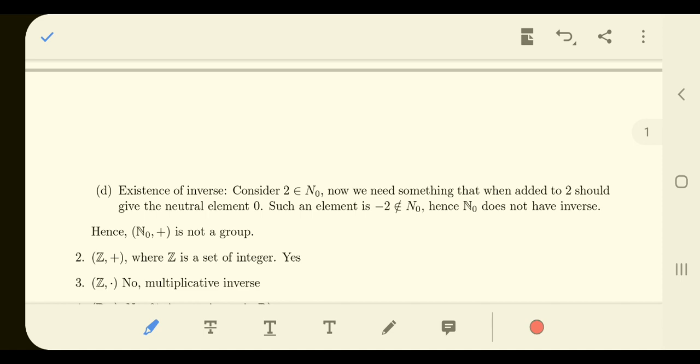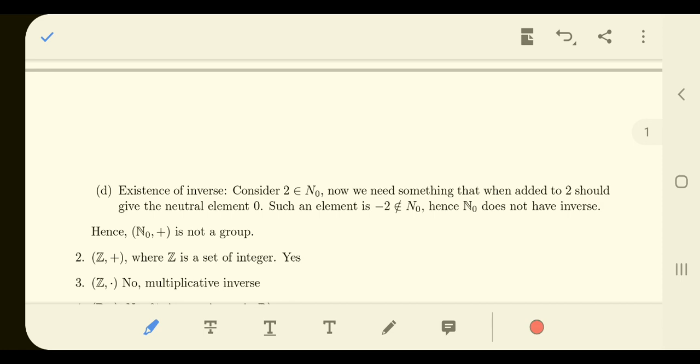Now what should be added to it so that it gives you 0? Minus 2. But minus 2 is not in the natural numbers, that is, minus 2 is not in N0. Since it is not in N0, it does not have the inverse. So ultimately, it means that N0 with plus is not a group, because N0 does not satisfy the property of existence of inverse, right?